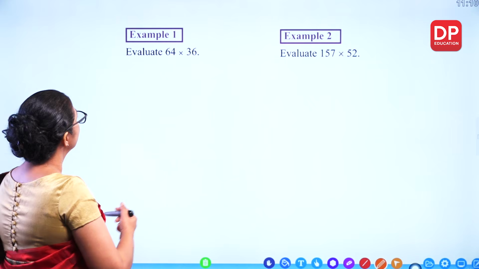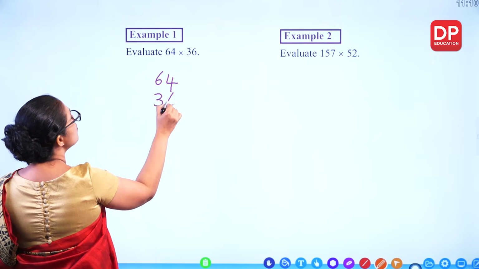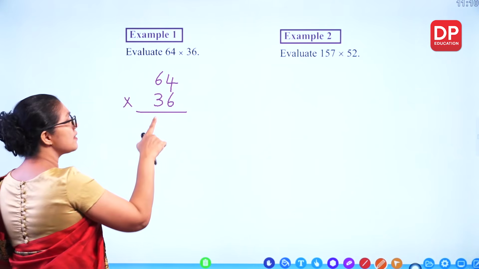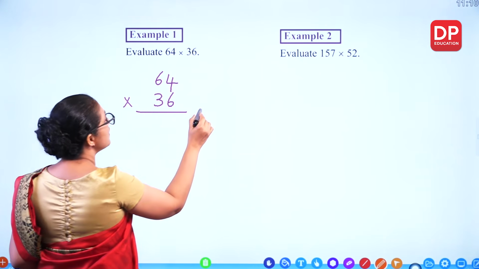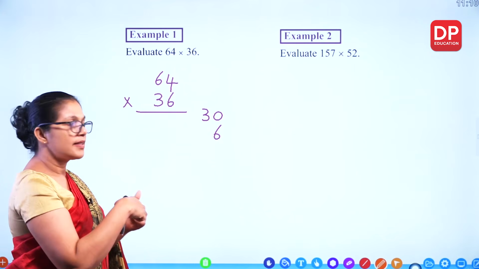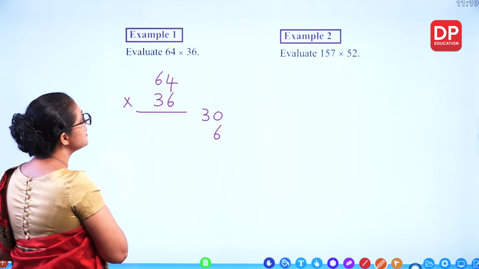Evaluate. 64 and 36. Now two numbers. How do we find the multiplication? 36 you can do 30 and 6, or 6 and 30, the other way around is also possible. So how do you do 30?